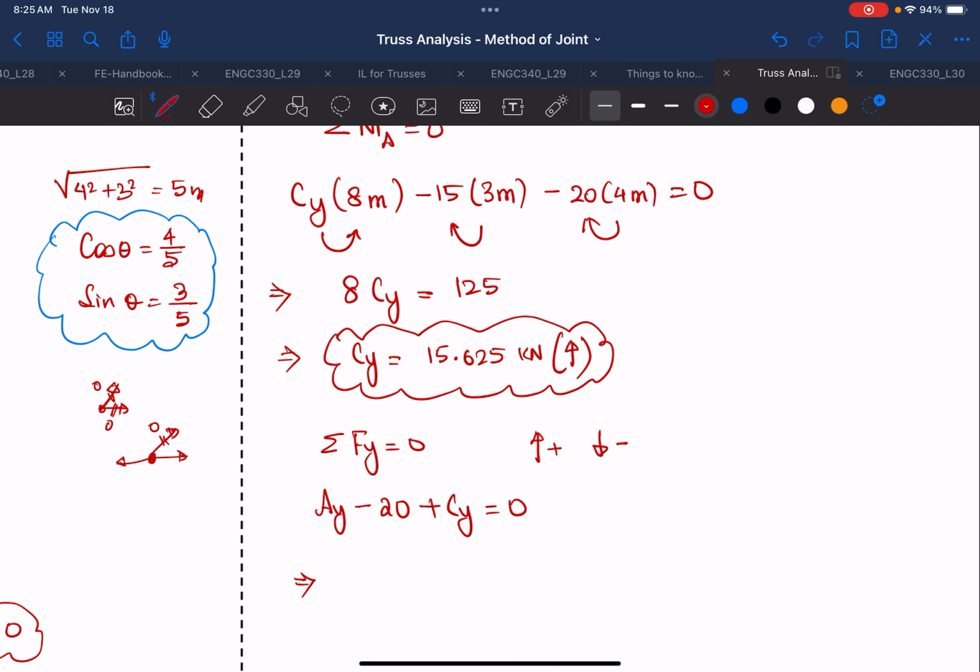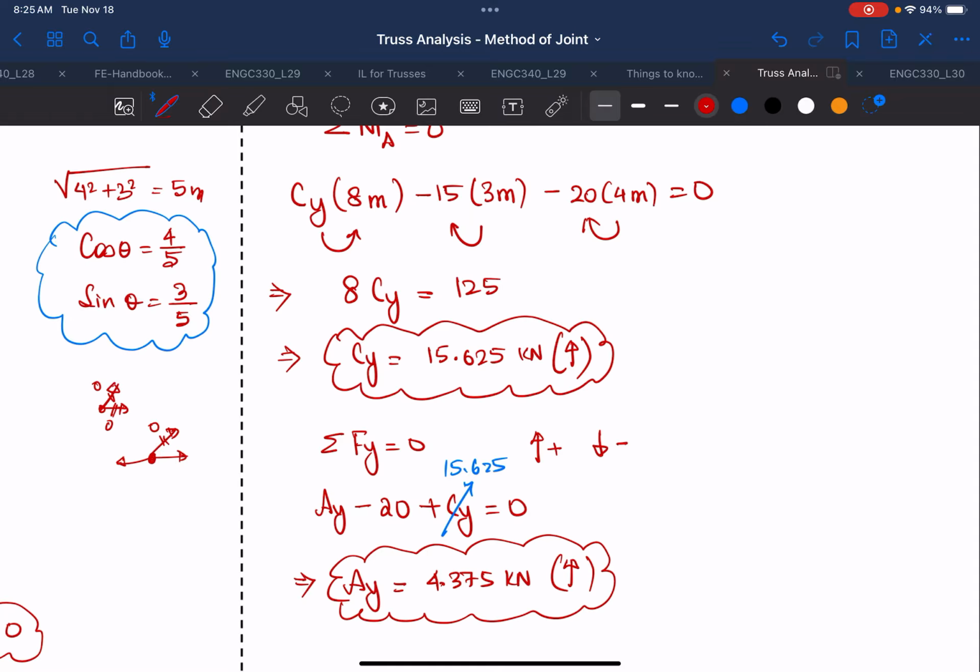If we put in Cy equal to 15.625, you'll see that Ay will be equal to 4.375 kilonewton. Again, if it is positive, that means it agrees with your assumed direction.